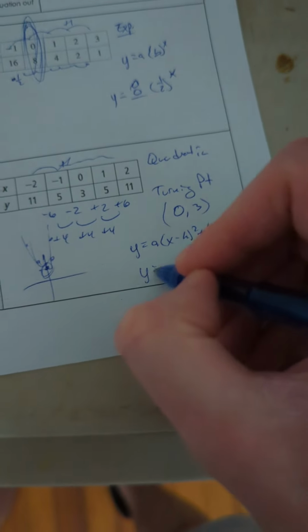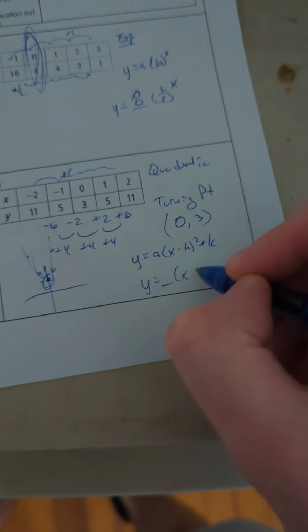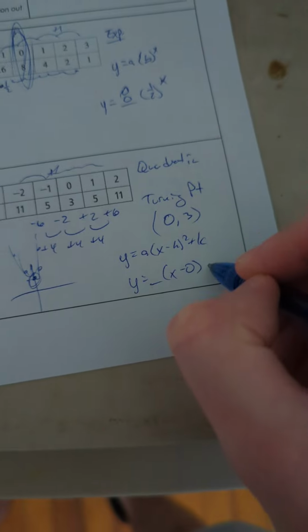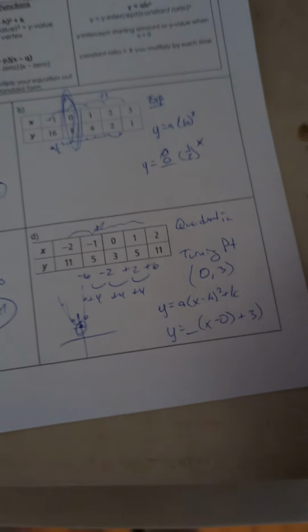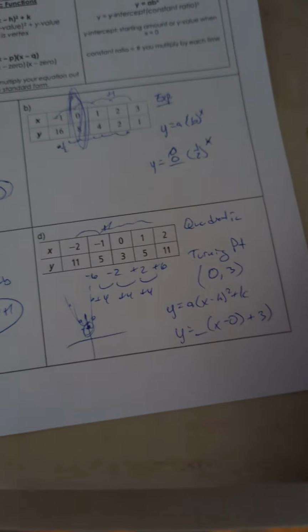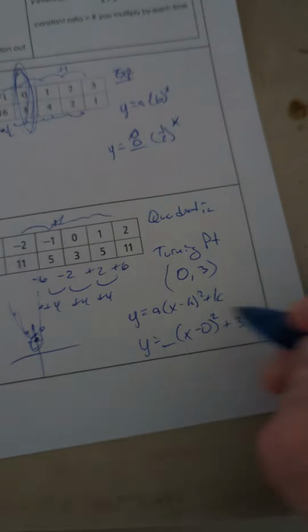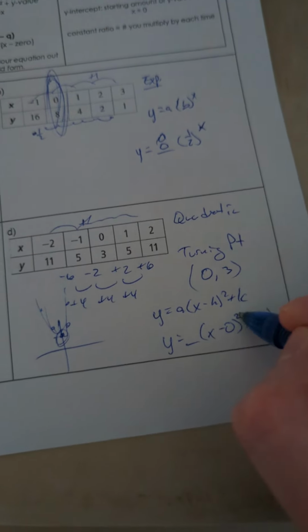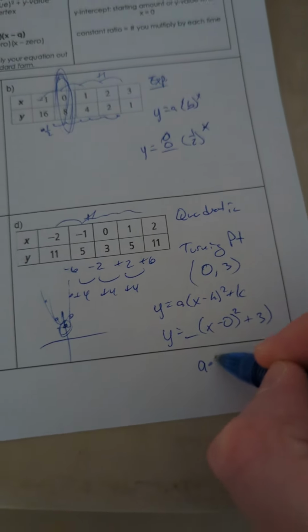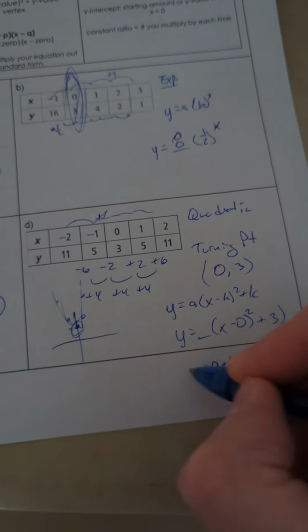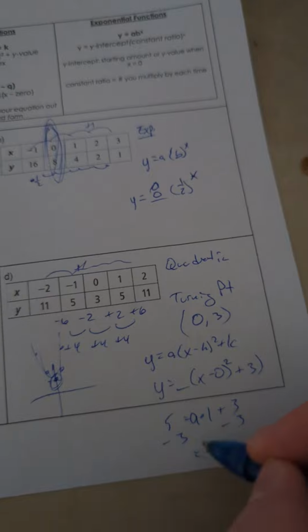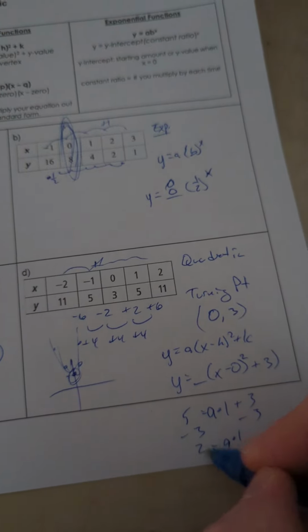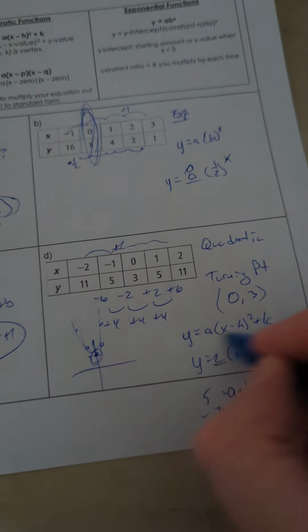And I know that y is equal to some a value times x minus 0 squared plus 3. And what we would do is we would then take any other point, let's say 1, 5, and plug it in. So, squared. If I put in a 1 here, 1 squared is 1, so there's a missing a value times 1 plus 3 equals 5. Minus 3, minus 3, a times 1 is equal to 2. Oh, a is 2. Okay.